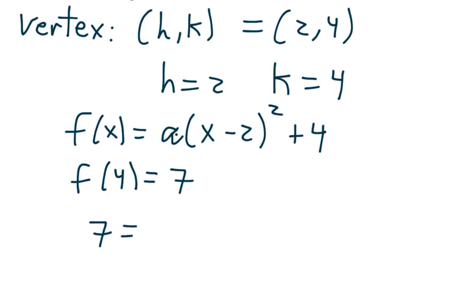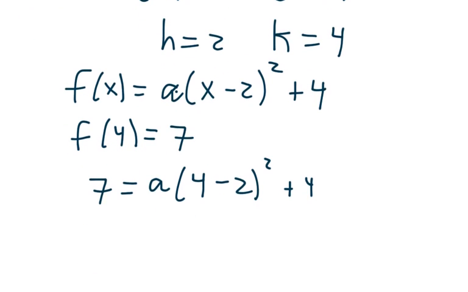We get 7 is f of 4, which is a times 4 minus 2 squared plus 4. On the right-hand side, this is f of 4, replacing x by 4, and that has to equal 7. So that's how we got this equation.